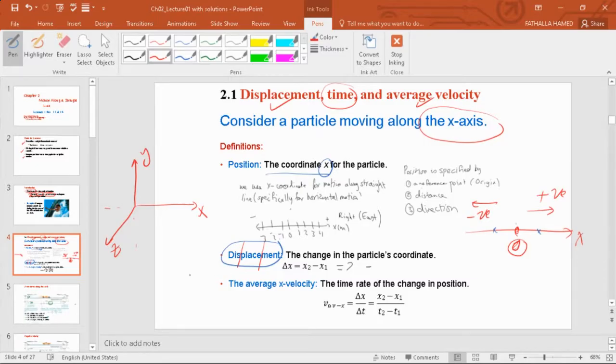So we're going to look at the displacement, which is the change in your position, or what we say here, the change in the particle's coordinate. And we'll define it as delta x. Whenever you see this symbol here, that means it's a difference. So delta x will equal x2 minus x1. That means position 2 minus position 1.